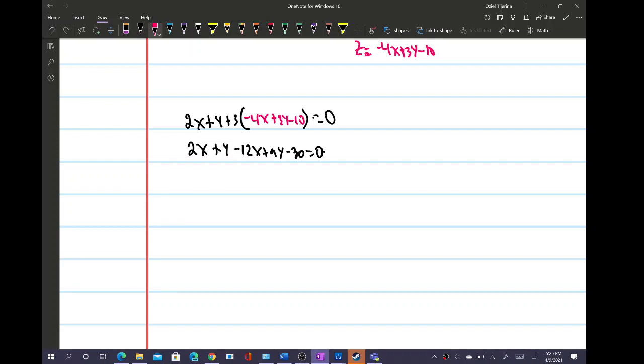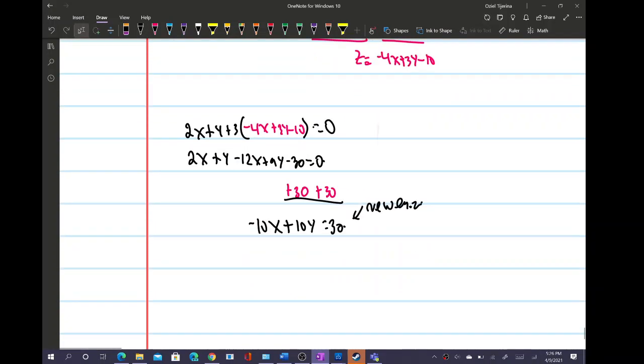And then you want to go ahead and add 30 on both sides, right? So you're going to combine like terms as well. 2x and negative 12x, that's negative 10x. y and 9y, that's plus 10y equals 30. So let this be new equation 2, right?